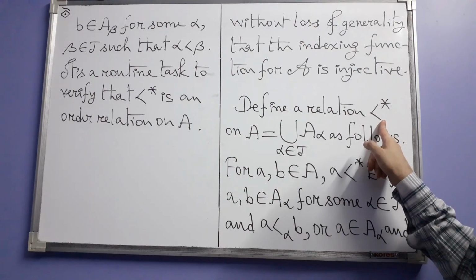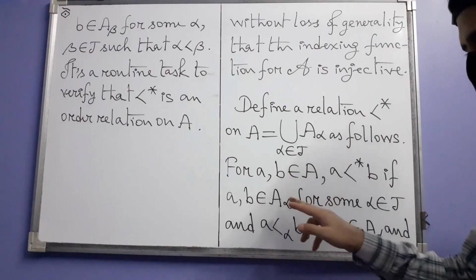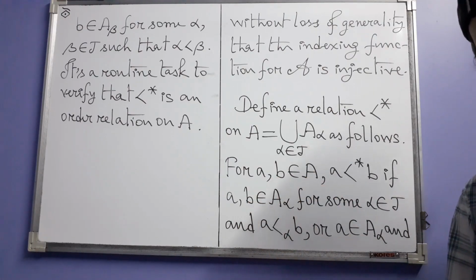However, that may not be the case because from the union we are taking a and b, so they may belong to different A alphas also.